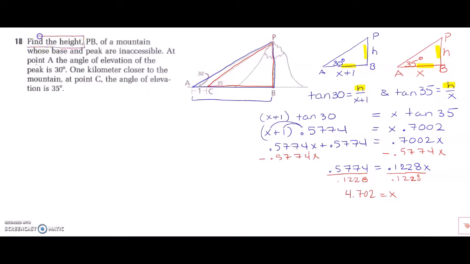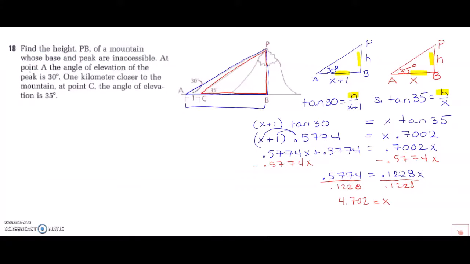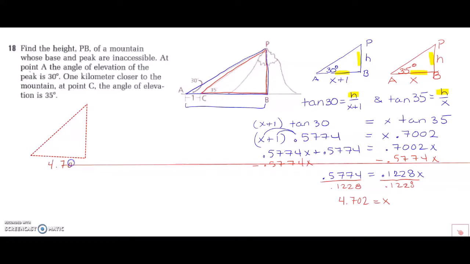Find the height, not the distance. So I'm just going to go back to my red triangle because that's what x is, 4.702. And my height is unknown, and in the red triangle this was 35 degrees, so now I need to solve for h.